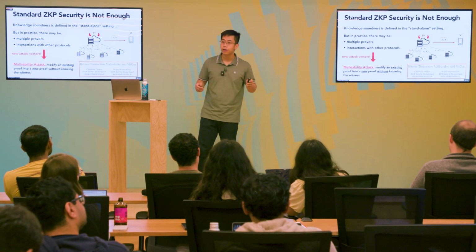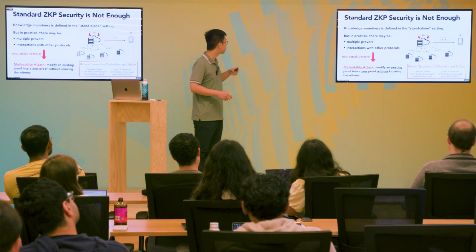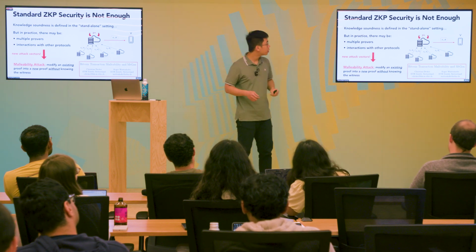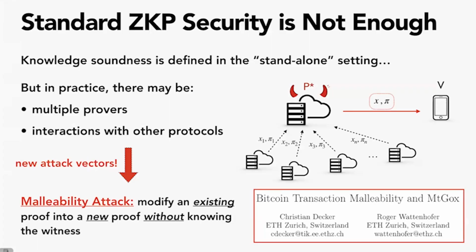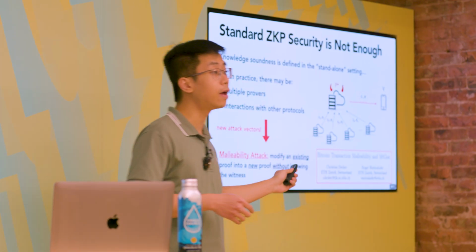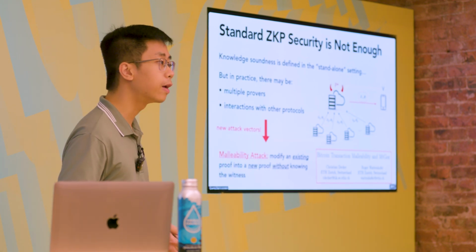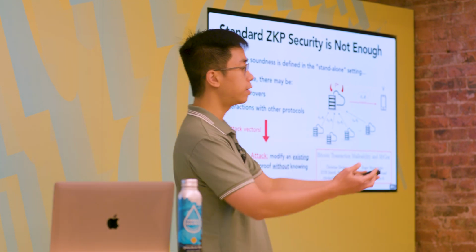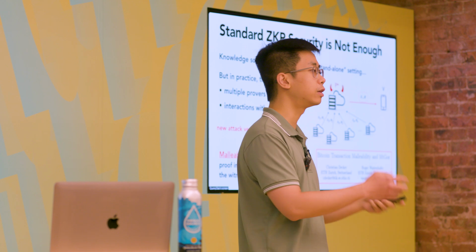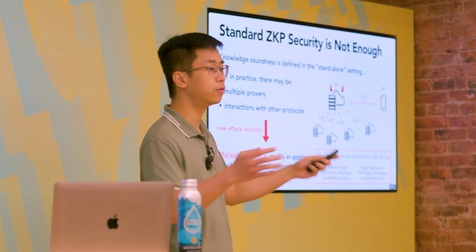Malleability attacks have actually been devastating in practice. Maybe not for SNARKs, but for signature schemes. Allegedly, what happened with the Mt. Gox attack is that the Bitcoin signatures at the time were malleable. So somebody submits a valid batch of Bitcoin transactions with some signatures.